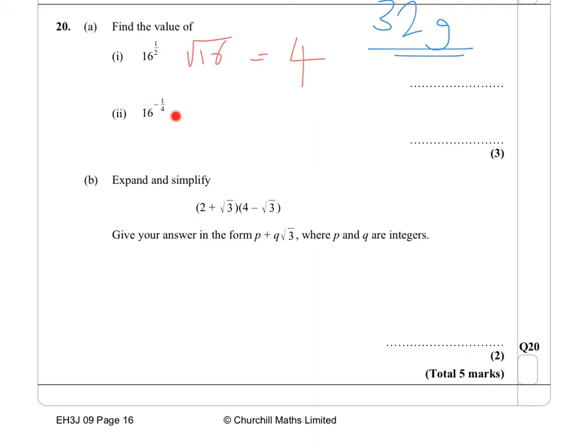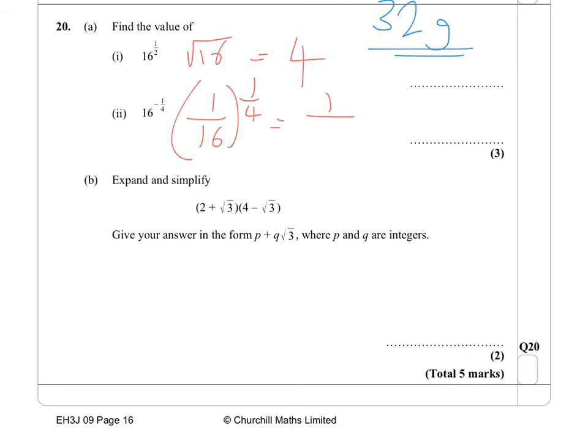The next one is to the power of negative a quarter. The way I teach it is get rid of the negative first, which creates a reciprocal, but I've still got the power of a quarter that I need to deal with. Then we've got to get rid of the fractional index. Denominator 4 means we go to the 4th root. So what times itself times itself times itself gives 1? 1.